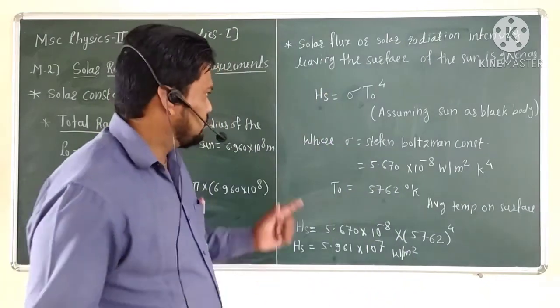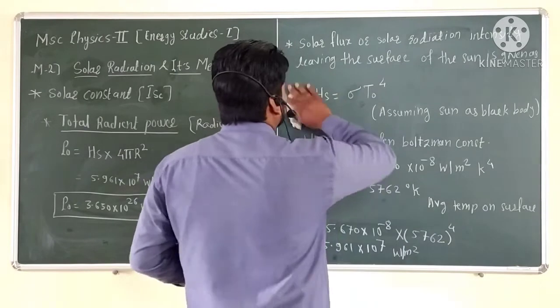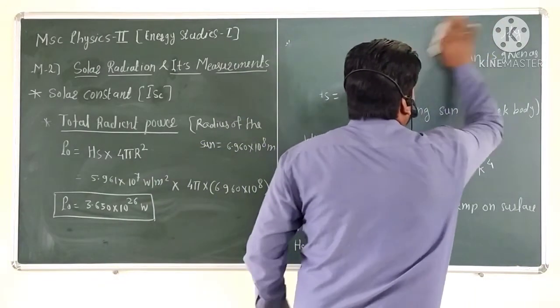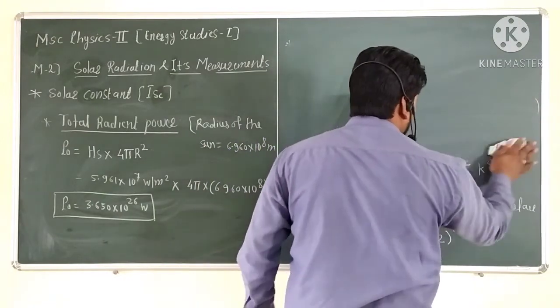So we want to calculate here the radiant flux, denoted by H naught.